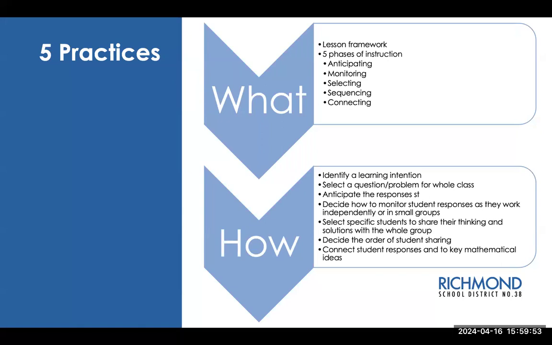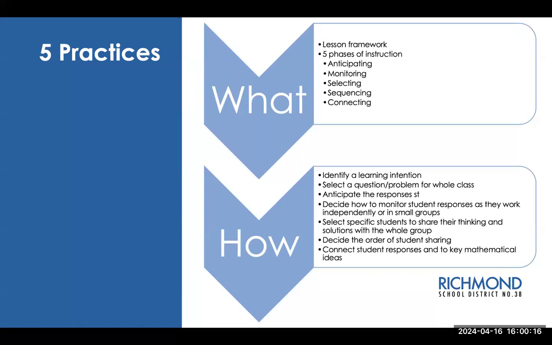We identify a learning intention, always a goal that we have. The idea of this is to engage students in some task where they're going to share their thinking with the larger group at some point. What we want to do is be very conscious of what is being shared so that we can be efficient.